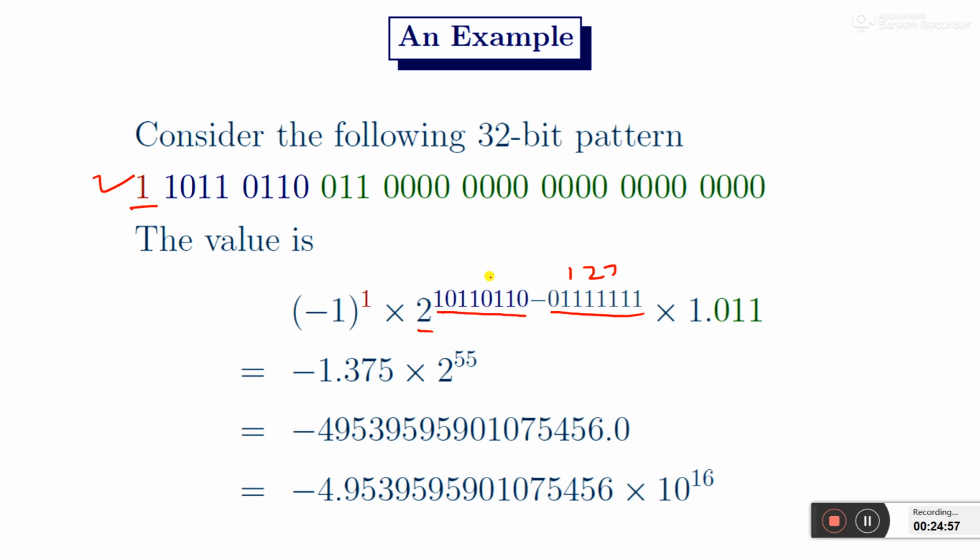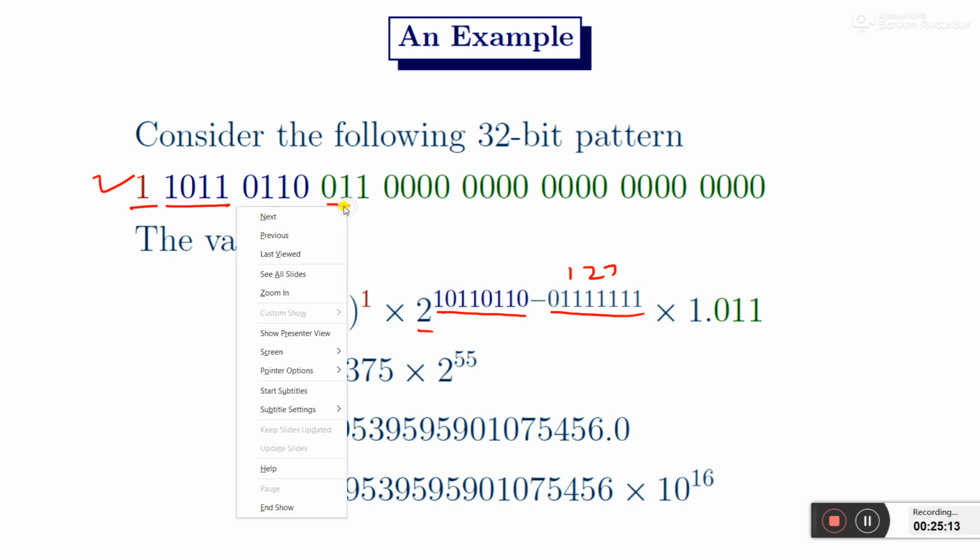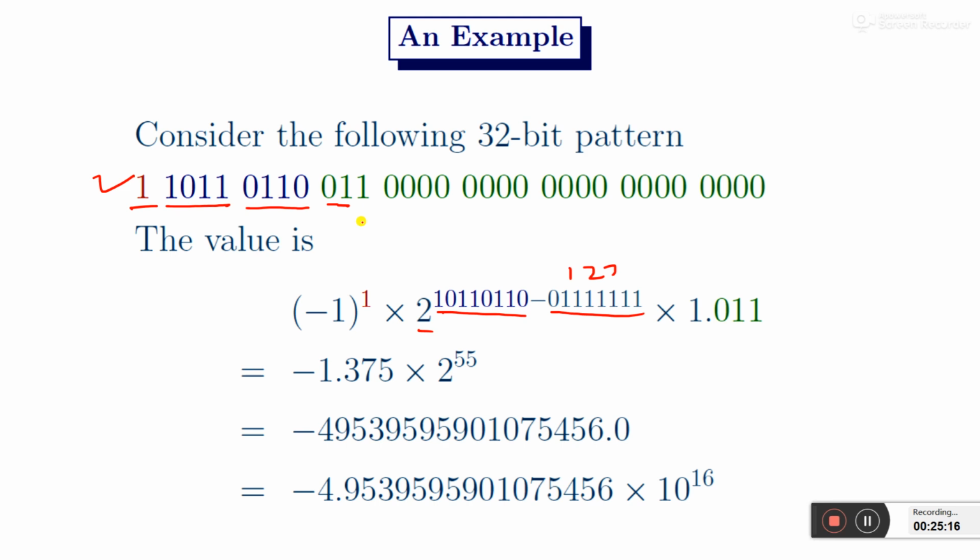It is a 32-bit number system, so the next bits, sorry, not 11 bits, it is 8 bits for the exponent.